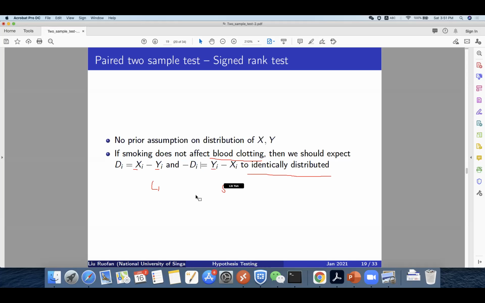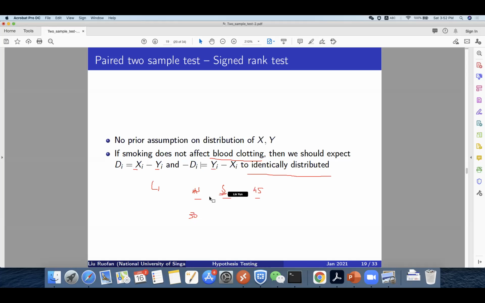Why are there 2 data sets? I mean, here the smoking behavior. What I mean is that suppose smoking has a very good effect.